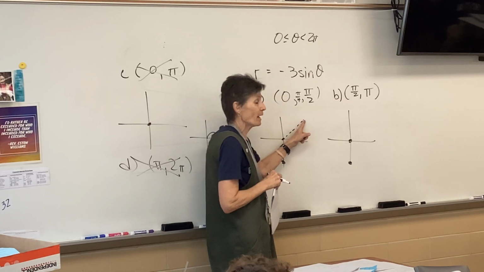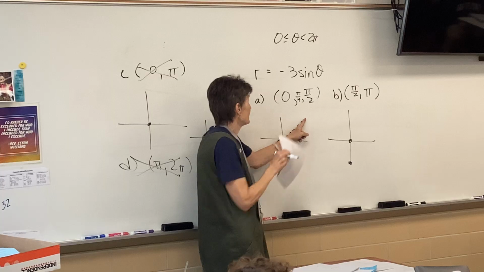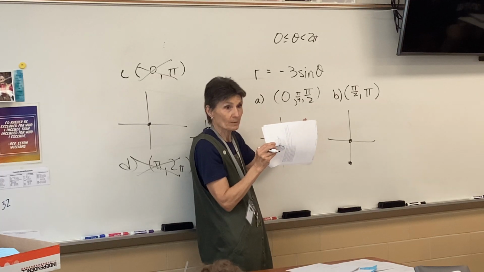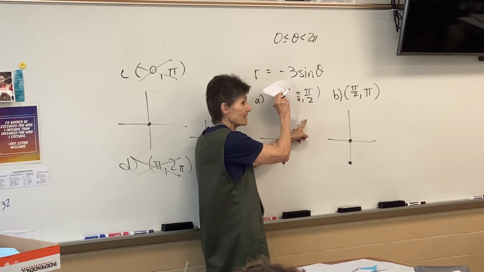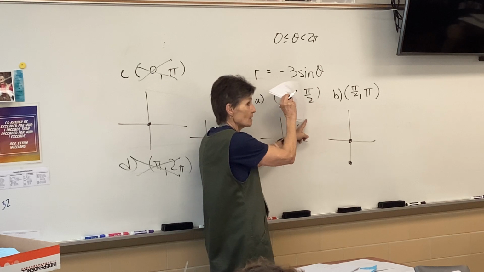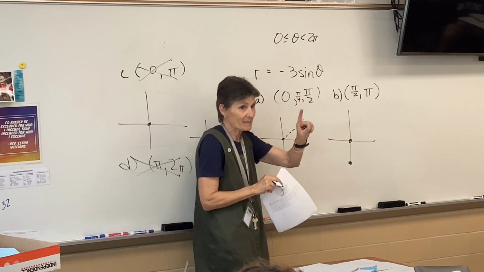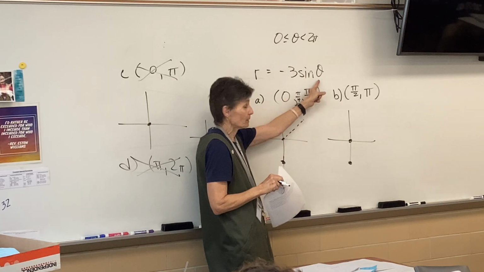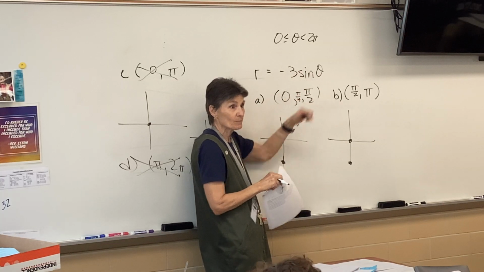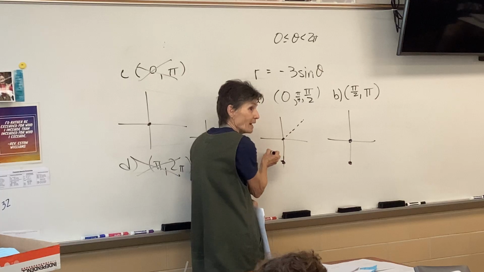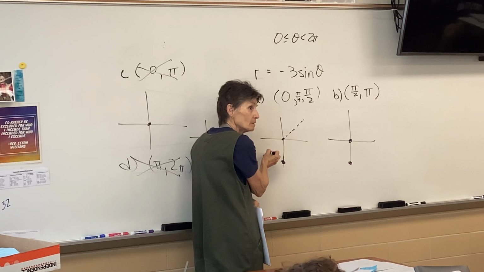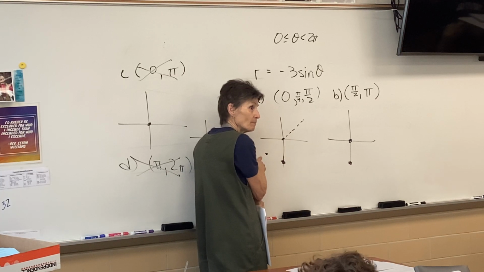The sine of pi over 4 is root 2 over 2, but I'm multiplying it by a negative. So whatever wacky decimal that will be, it'll be a negative number. Would you agree if I put in pi over 4, I get a negative? Which means it would have to be plotted over here. Is that part of my picture? No.